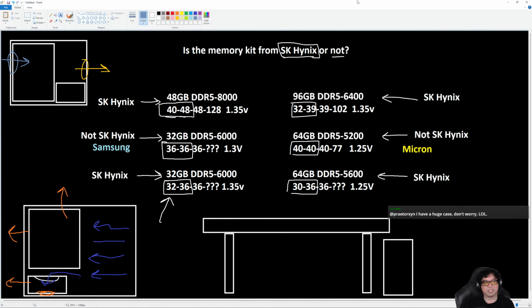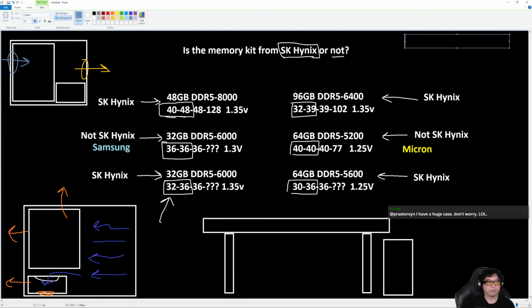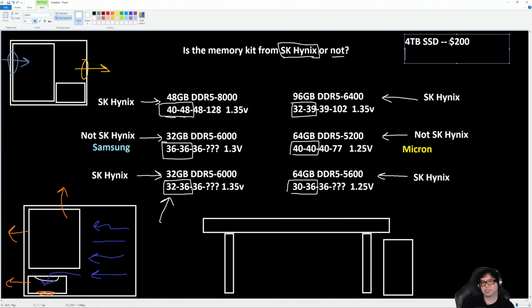Now, I haven't looked at SSDs in a while, but I'll give you guys some examples of the price that I would pay for certain SSDs. A 4 terabyte SSD should be like $200. A 2 terabyte SSD should be like $100.